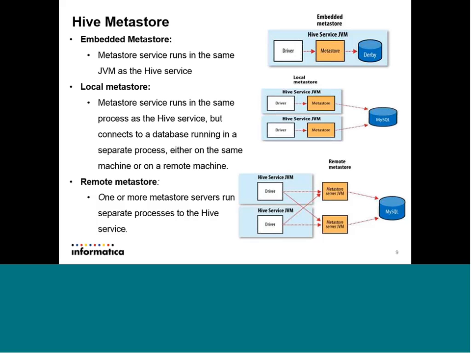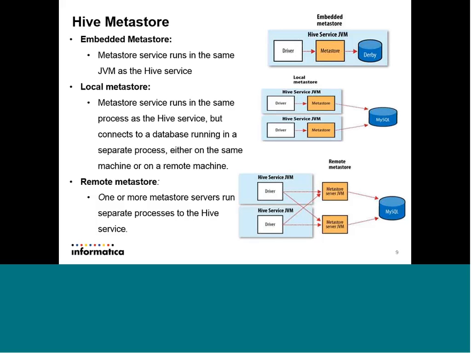Let's look at Hive Metastore. Like I said, Hive Metastore is a central repository for Hive metadata. Now, there are three different modes in which Hive Metastore can run: embedded, local, or remote. Embedded means the Metastore service is in the same JVM as the Hive service.